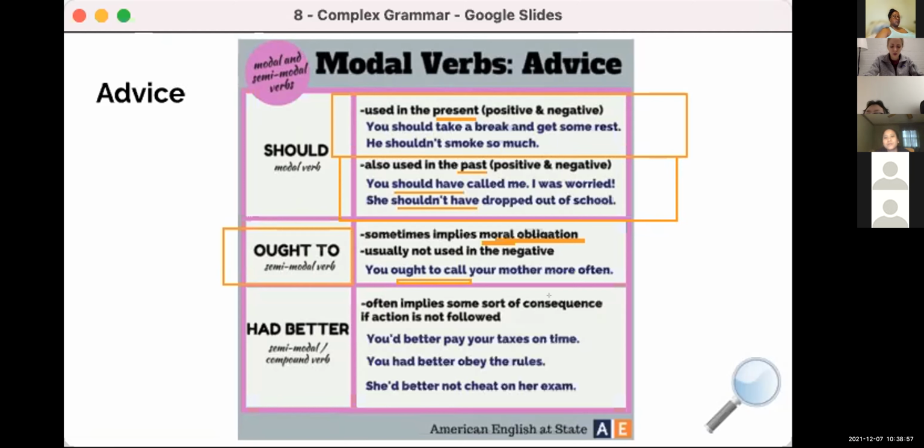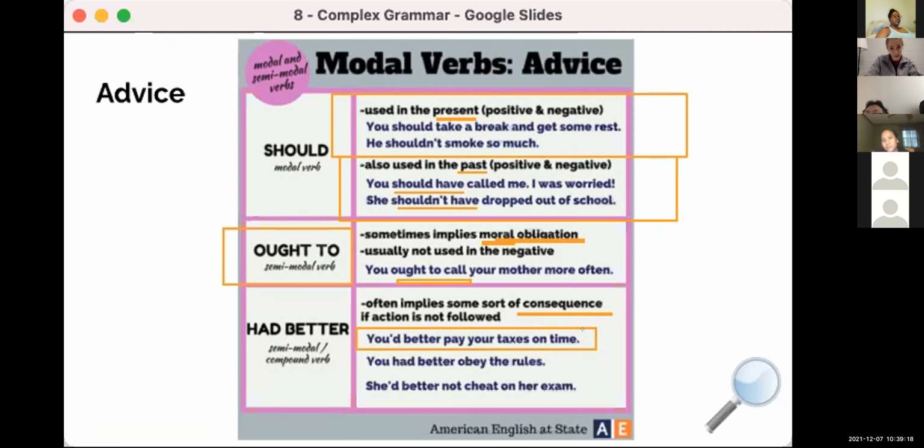Had better is used to show that something bad is going to happen when you don't follow the advice. This shows the consequence if the advice is not followed. You had better pay your taxes on time. You'd better pay your taxes on time.